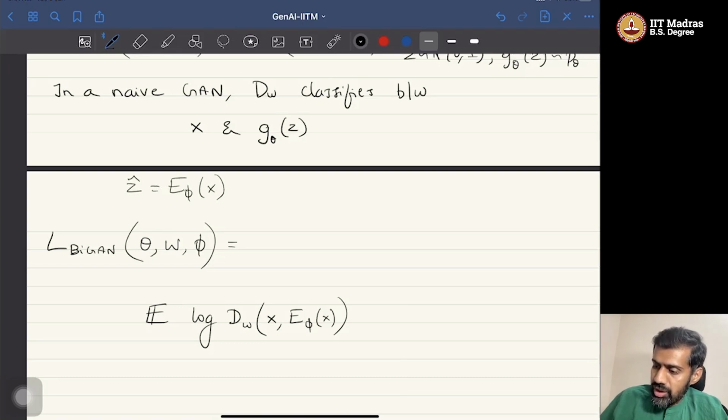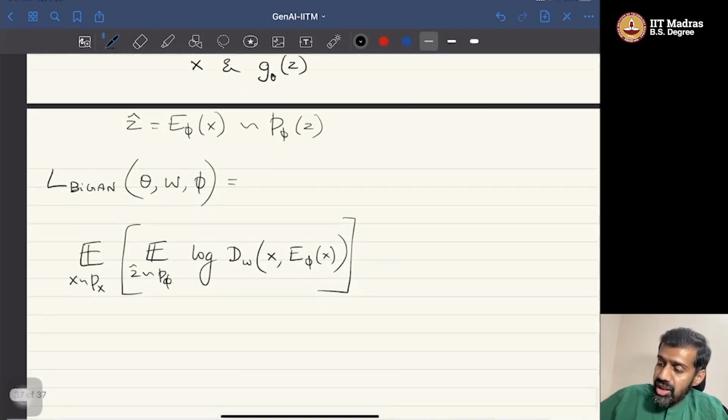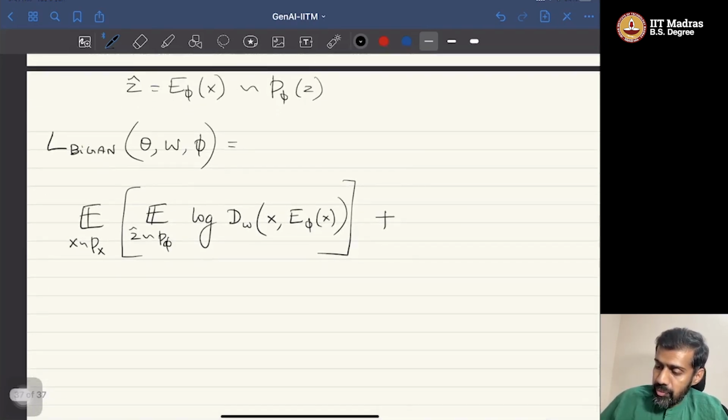This expectation is with respect to z cap coming from a distribution given by p_phi(z), as we have been saying. There is an outer expectation as usual, which is with respect to x coming from p_x. This is the expectation that we anyway had in the GAN formulation.